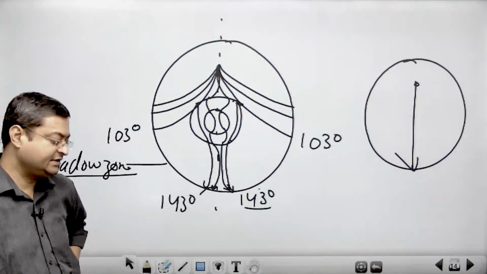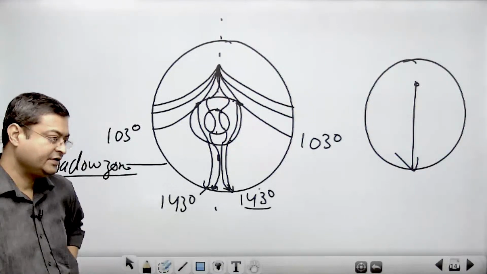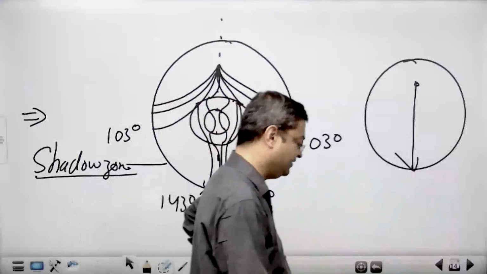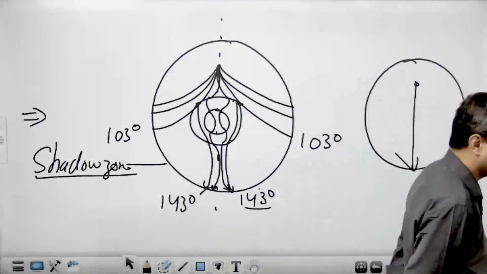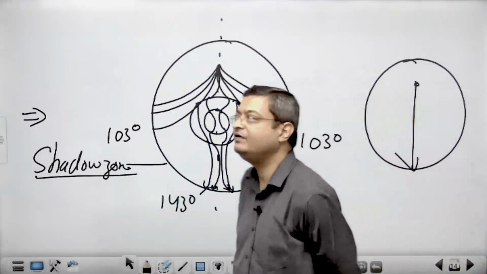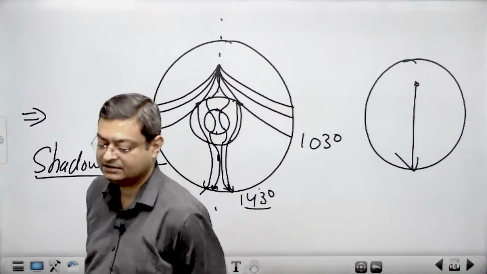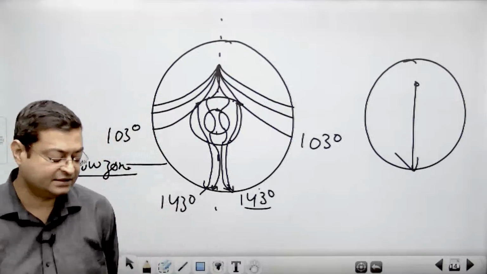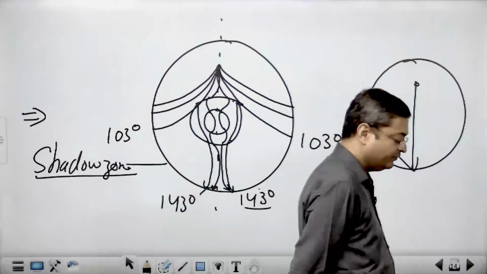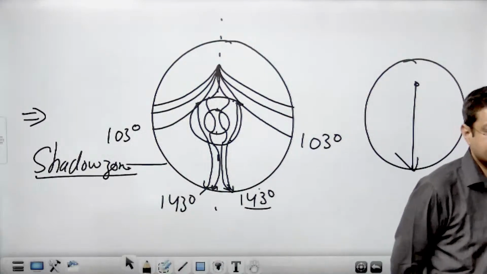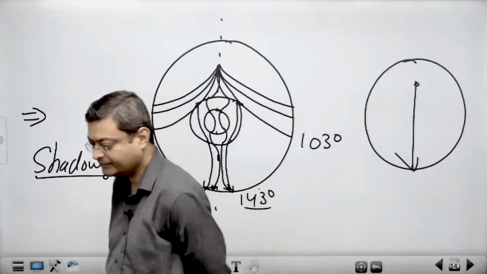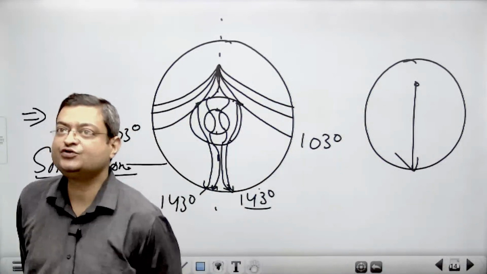P waves not only curve themselves but are also being refracted from two major concentric shells, which establishes two facts.